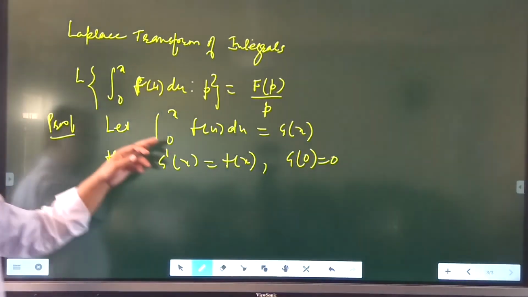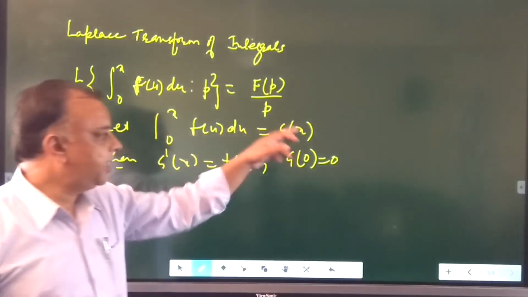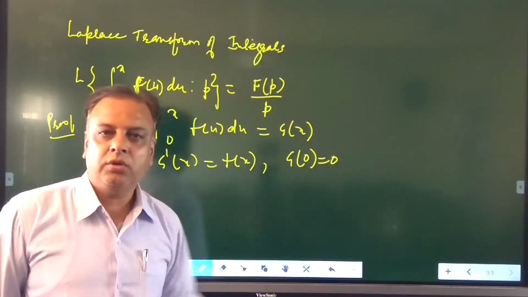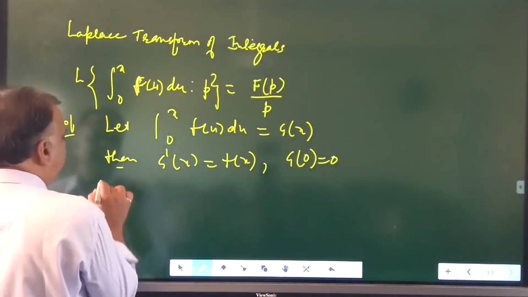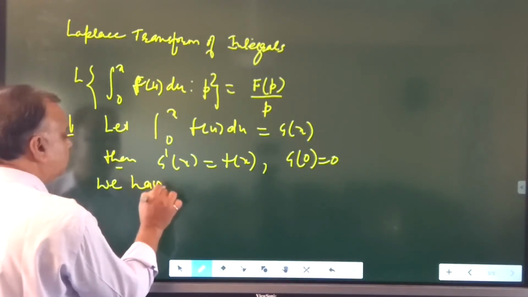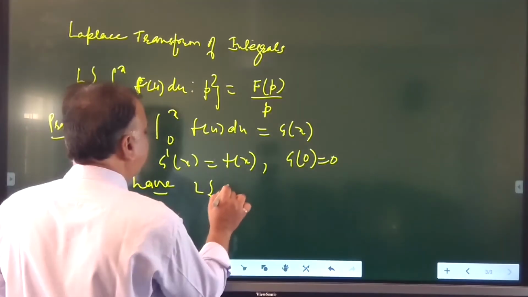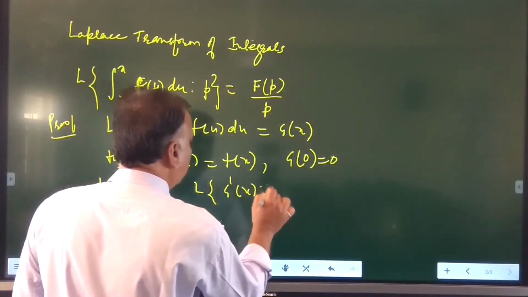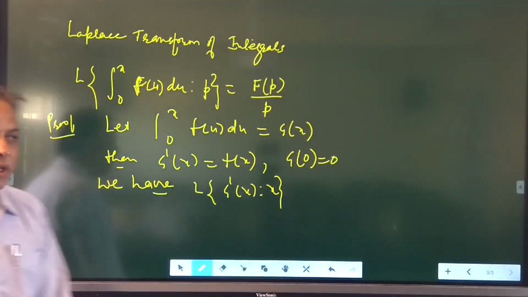If we put the value x equal to 0 in g(x), then we get g(0) equal to 0. So now we take the Laplace transformation of g'(x).